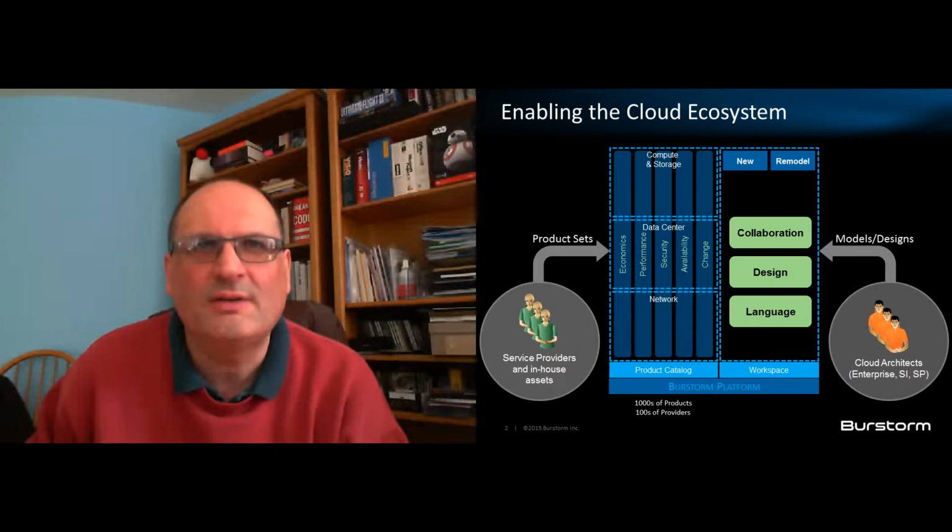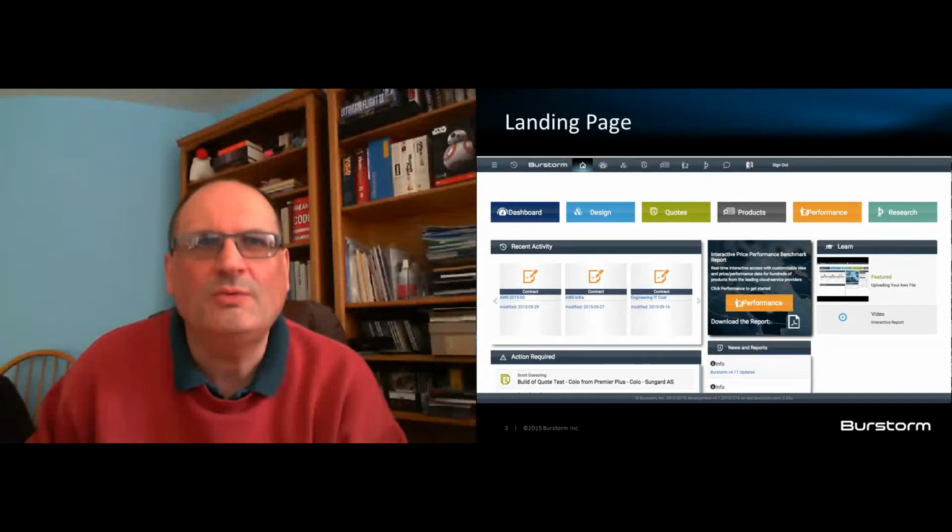On the other end, we're enabling architects to collaborate and design new and existing cloud architectures using a common specification language. So how does this manifest itself in the application? What you see here is the landing page, and on it you see the big components in the application.